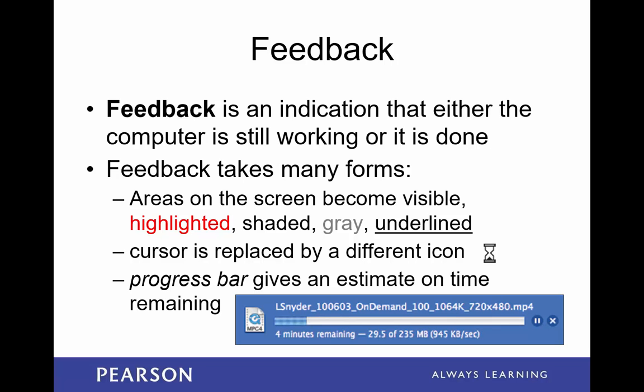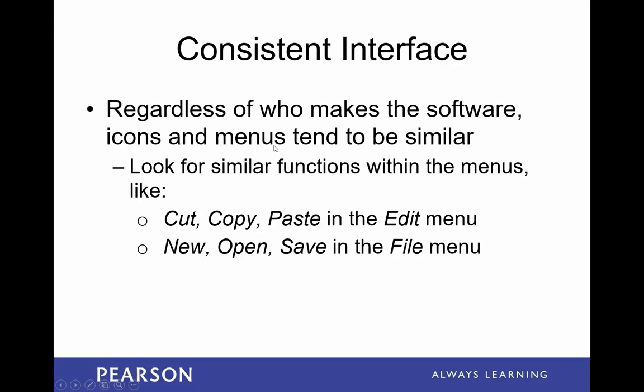Also, the cursor is typically replaced by the hourglass or the spinning wheel, something to let us know that it's still working. The progress bar gives us some estimate on how much time is remaining in an operation.